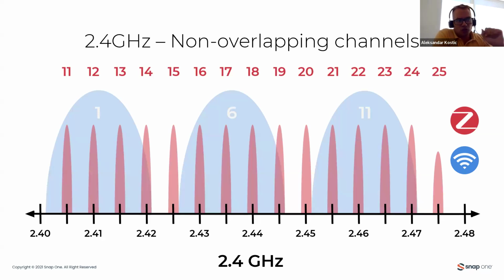There is also one additional channel which is out of the Wi-Fi occupied frequencies, and that is channel 25. But channel 25 should be our last resort, because as you can see on the diagram, the signal strength on channel 25 is slightly lower compared to other channels, which means it has lower coverage. So always go with channels 15 and 20, and only if there is no other choice, channel 25.